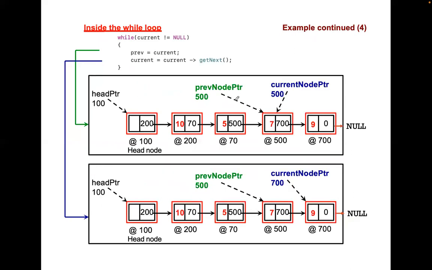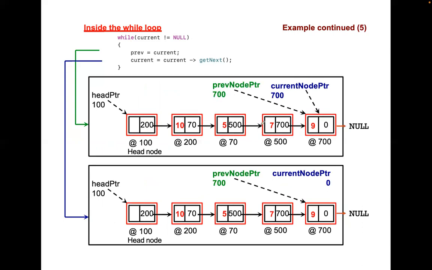Again previous will point to current, current will point to the next of current. Still current is not null, so we continue. We go back to the while loop evaluation. Now previous is pointing to the last node and current is pointing to null.